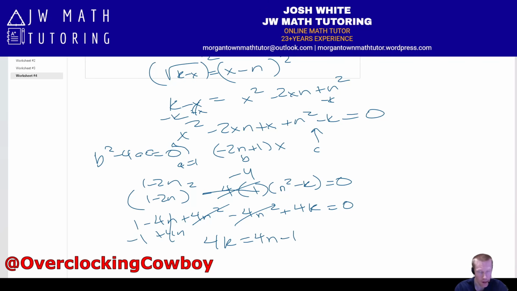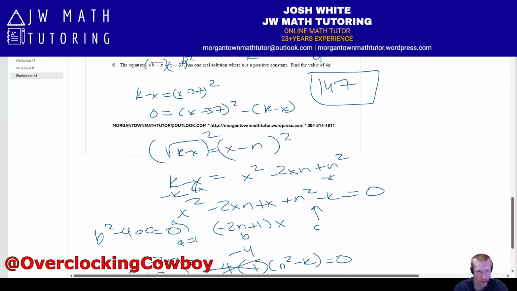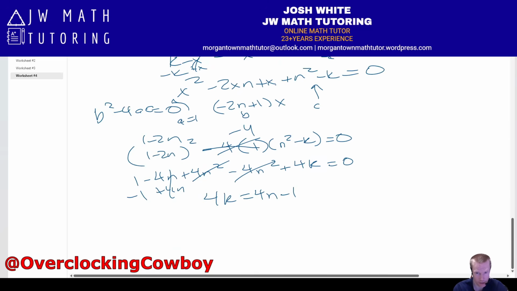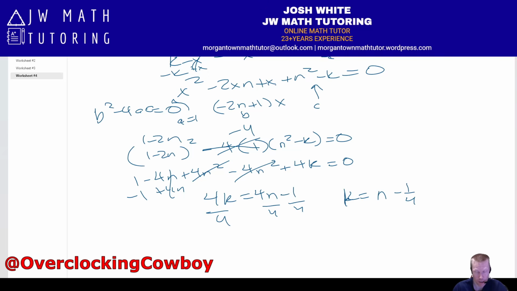Okay. So there's a couple different ways you could look at this. If you're looking for the 4k value, it's always going to be 4 times this number and then minus 1. It's always going to work out like that right here. So 4 times whatever the number being subtracted from the x is, minus 1, or for just the k value, this is why it's n minus 1/4, or n minus 0.25.